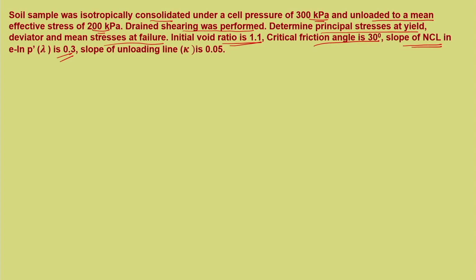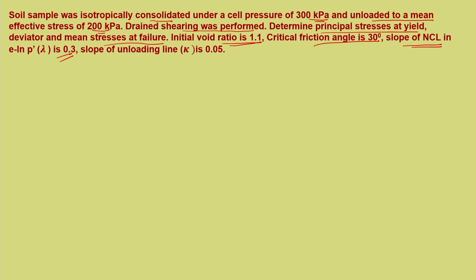So, here we need to understand that lambda or kappa is the slope that corresponds to either NCL or the unloading reloading line. Now, we have discussed most of the things in terms of specific volume and P dash, but the same thing can be plotted in e versus P dash.